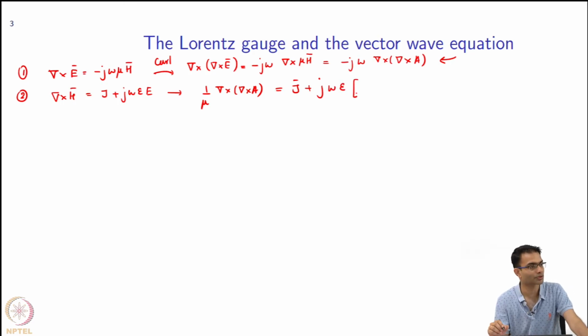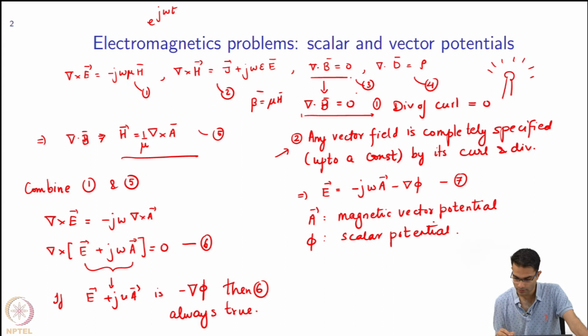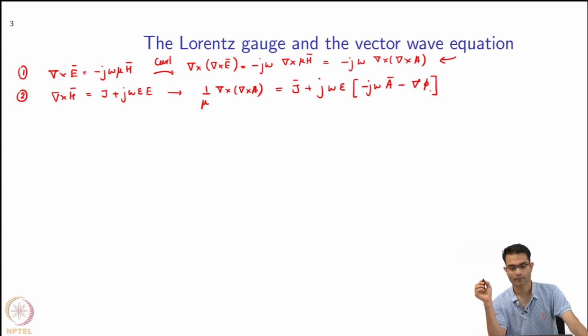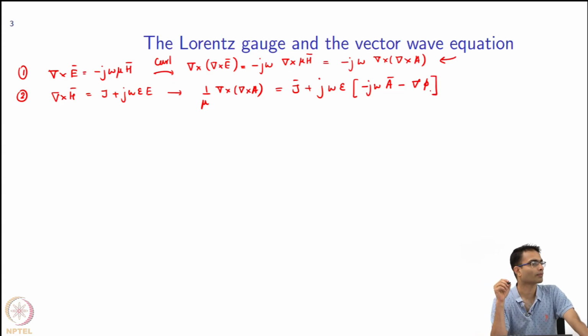Now E I can substitute over here as, where did it go? Equation 7. So what is equation 7 saying? E is in terms of A and phi, right. So this becomes minus j omega A minus grad phi, which is actually what I want, because I wanted to get rid of the fields and have some relation purely in terms of these new quantities that I have got.